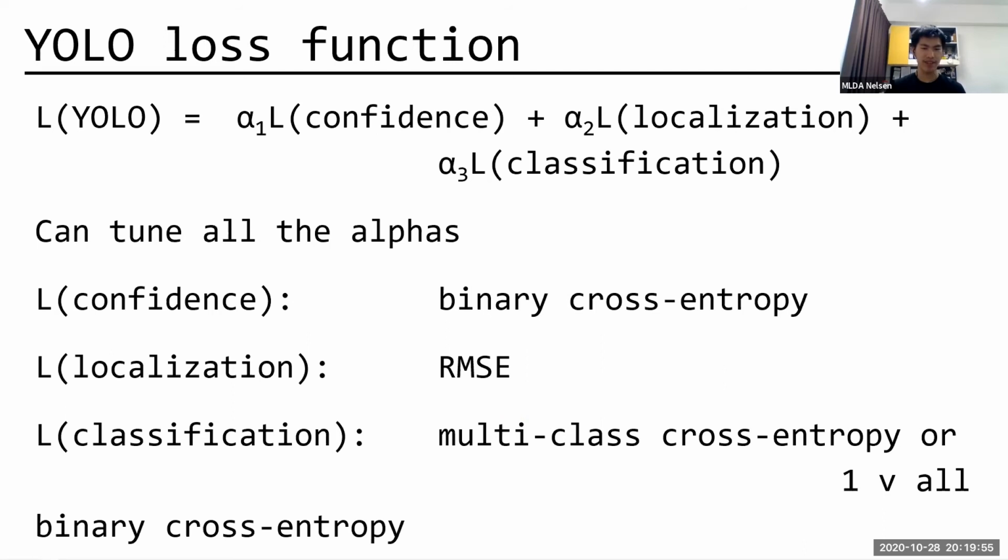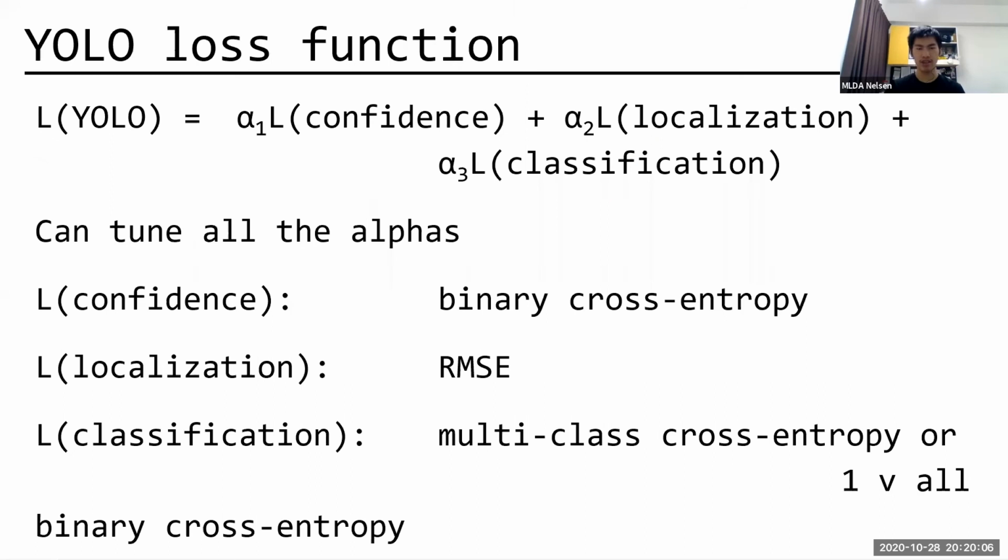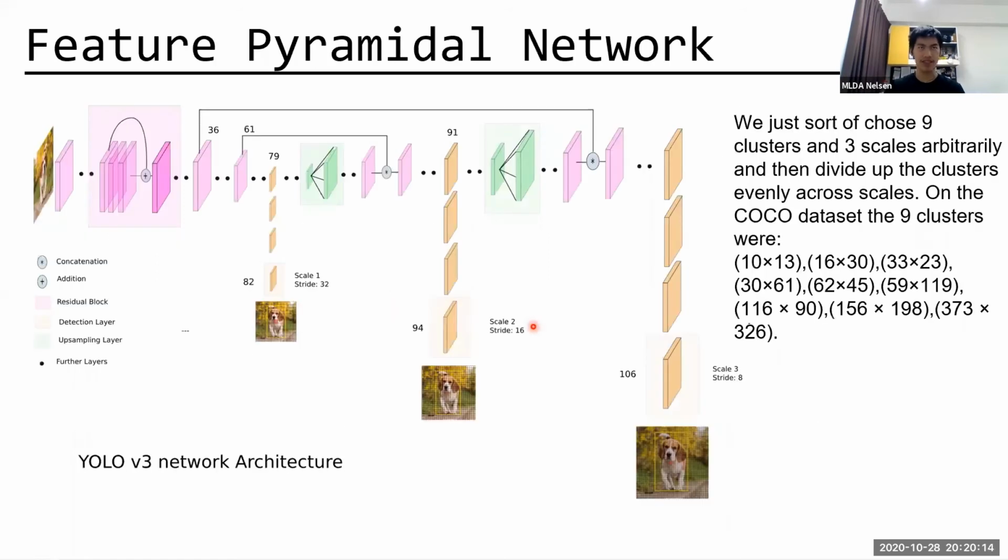Remember that we are using this CNN, and we try to optimize all the filters that are used to do the convolution. So that's the main idea of the loss function, trying to update all the parameters or all the weights in the CNN, which is this specific convolutional neural network.